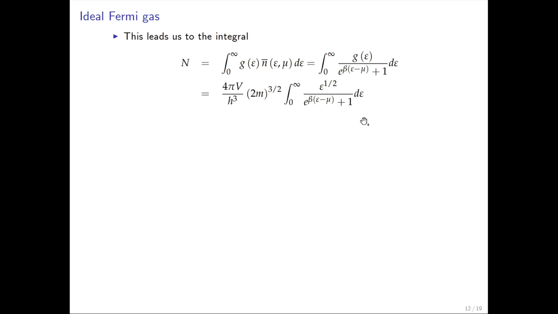And if we write it all out, then here's what we get. I've pulled the constants out front, and what we have to integrate over then is this epsilon to the 1/2, the square root of epsilon, which is from our density of states dependence, and this factor here, which is from the Fermi-Dirac distribution.